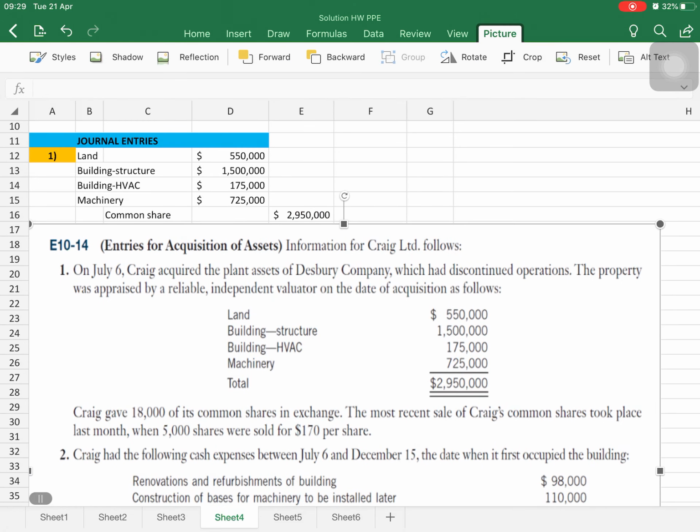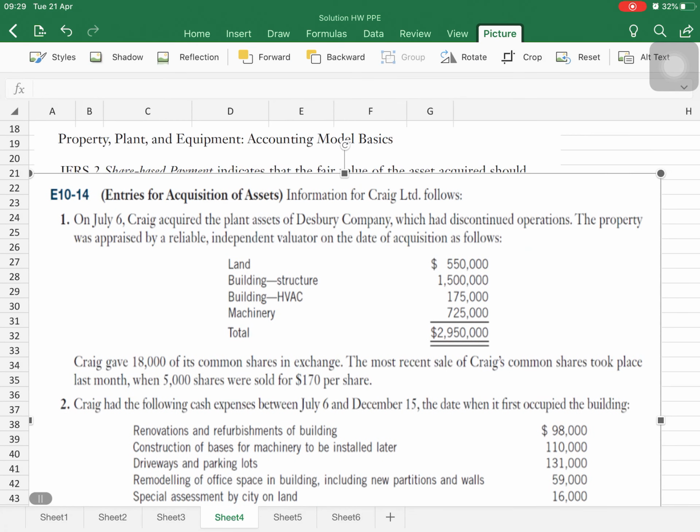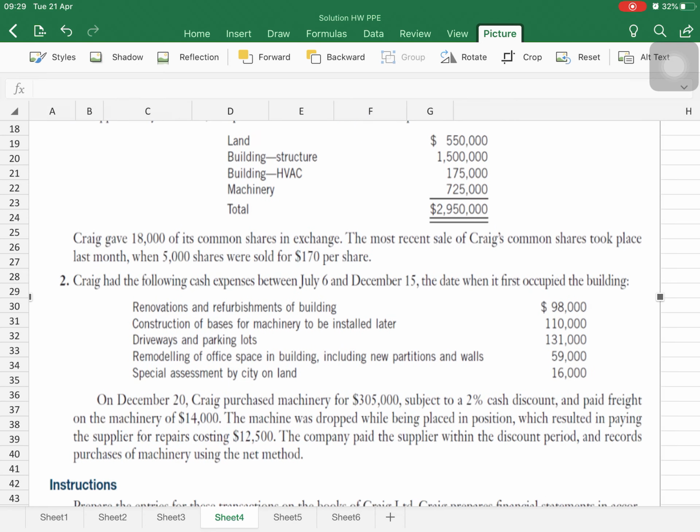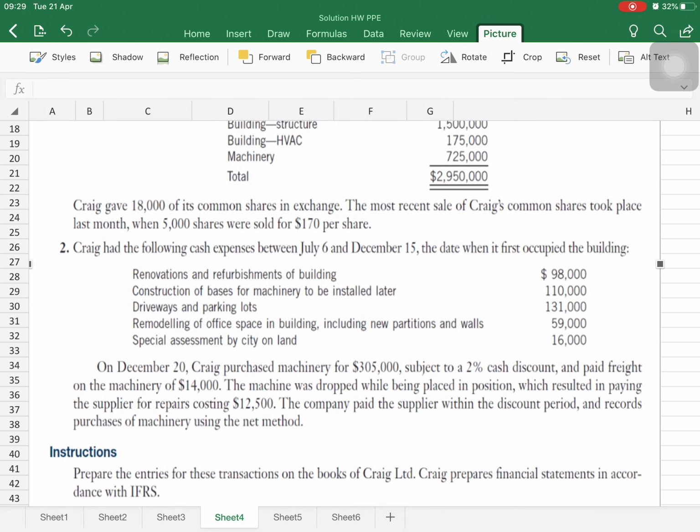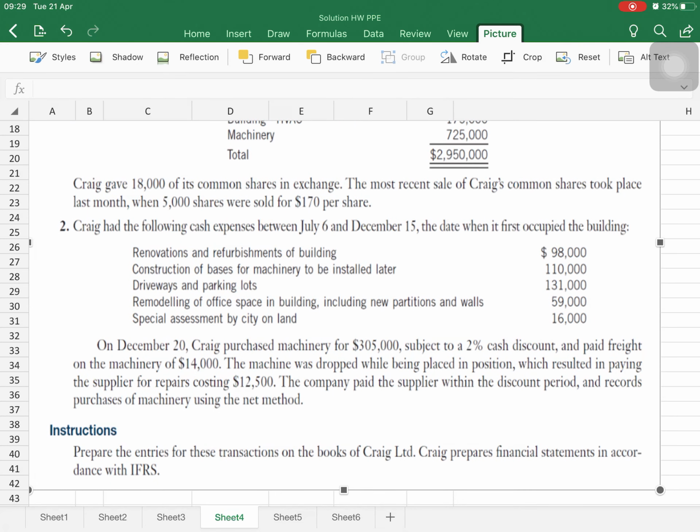And then next is number 2. Craig had the following expenses between July 6 and December 15, the date when it first occupied the building: renovation, refurbishment of building, and so on.